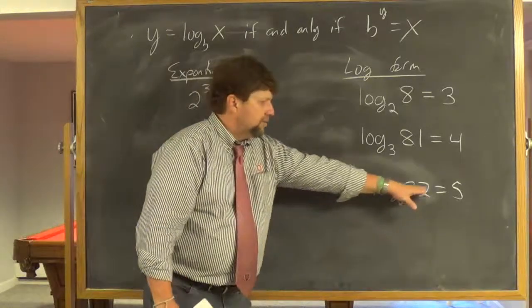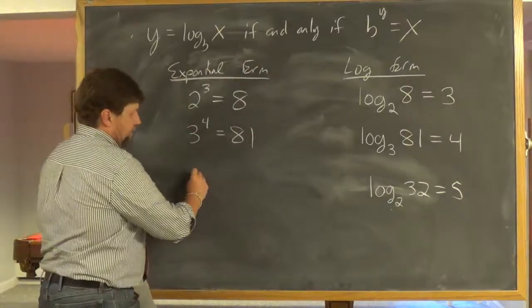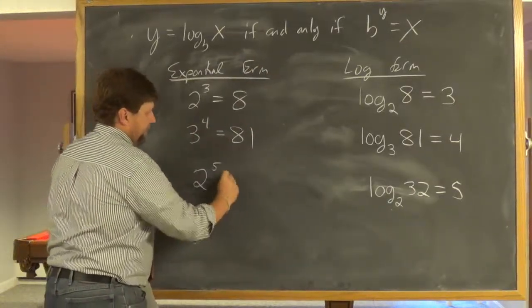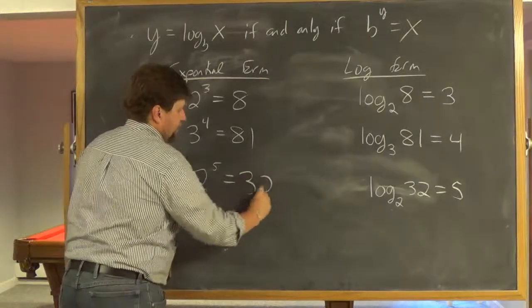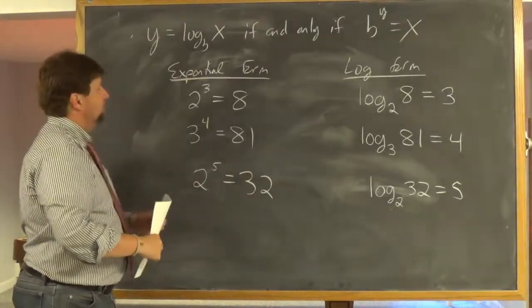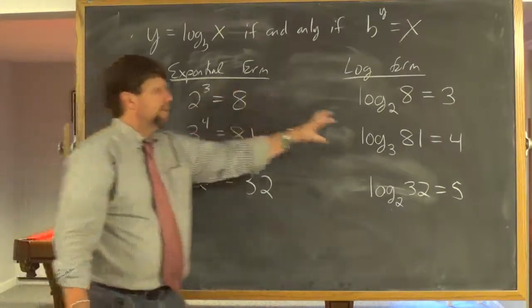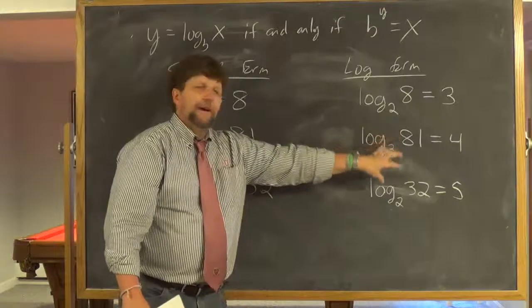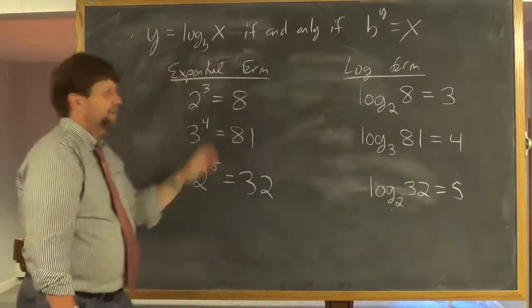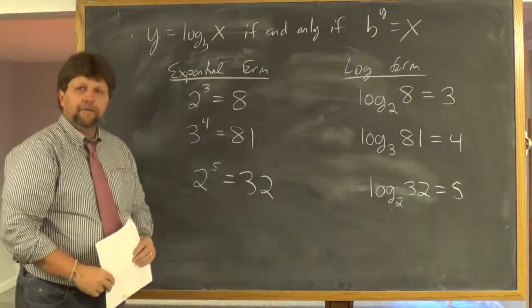And that would be 2 to the fifth equals 32. So I expect you to be able to go back and forth from exponential form to logarithmic form and vice versa. And it's using this fact up here.